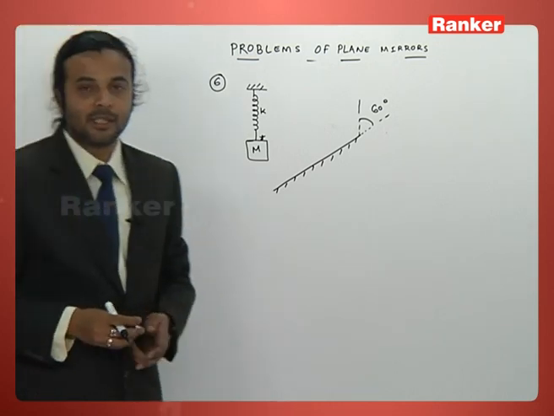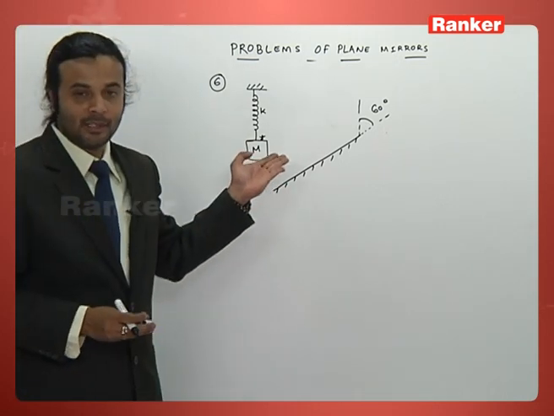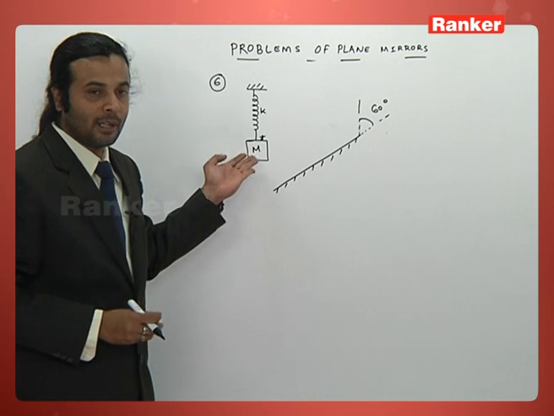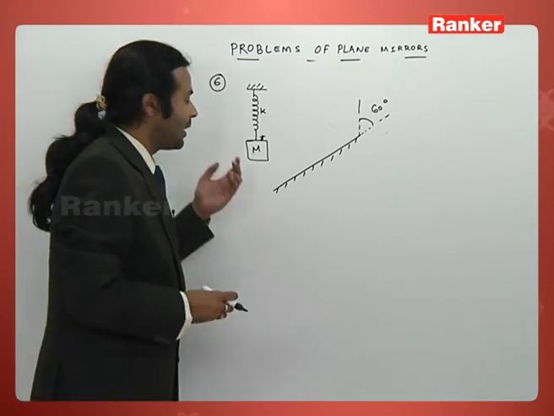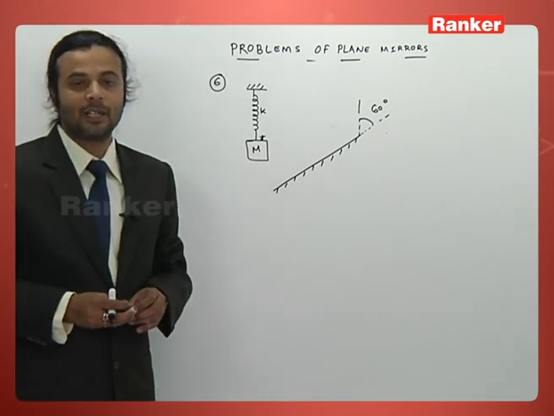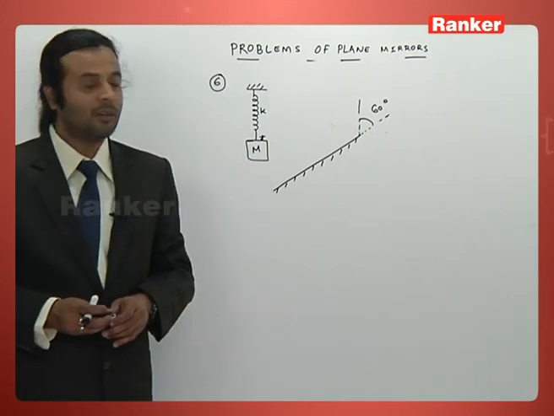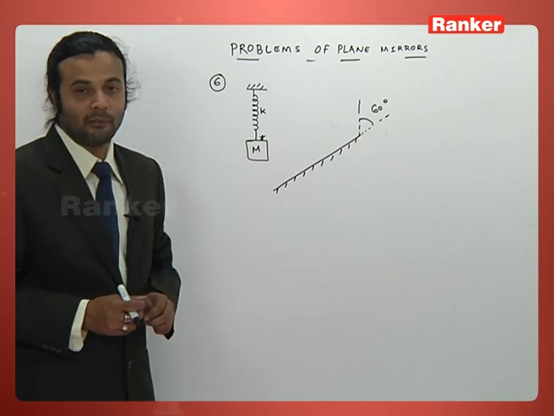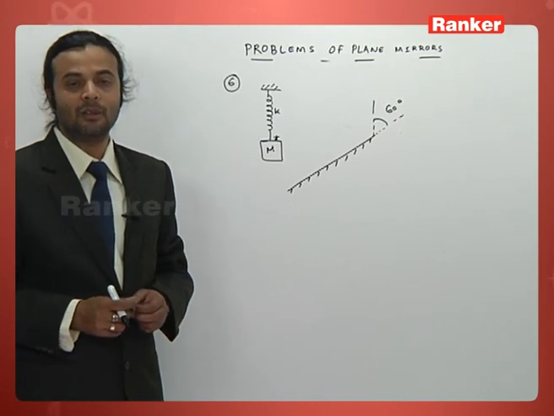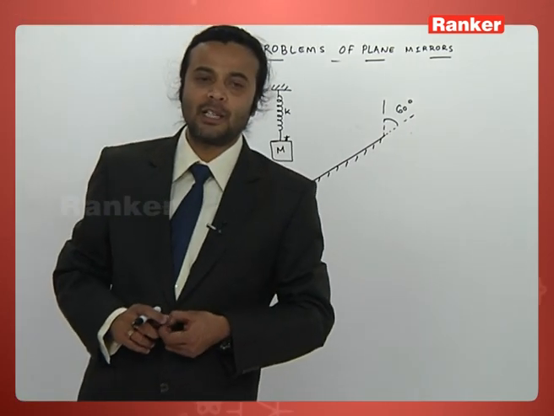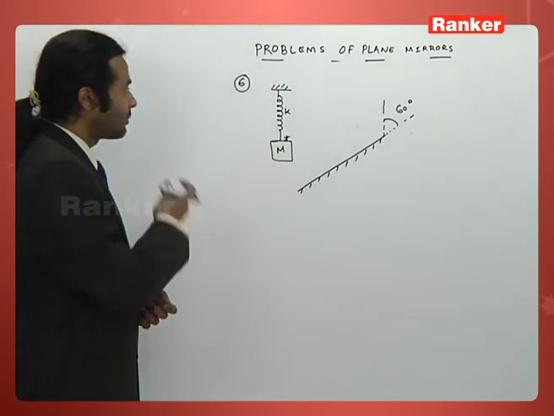That means here the insect of negligible mass is sitting on a block of mass capital M tied with a spring of force constant K. The block performs a simple harmonic motion with amplitude A in front of the plane mirror placed as shown. Find the maximum speed of insect relative to its image.